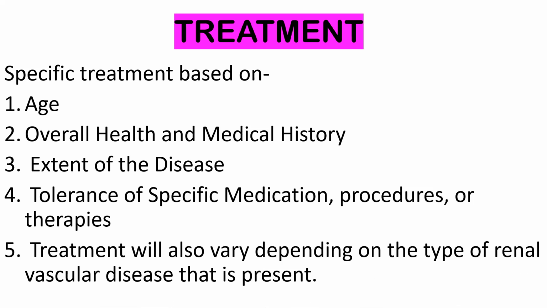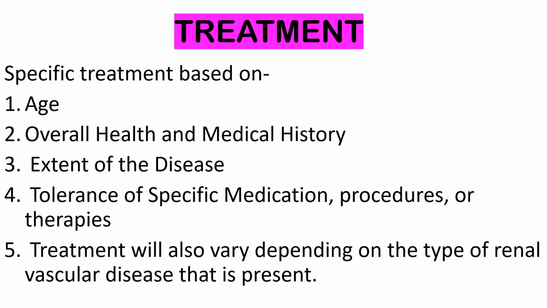And the next one is the treatment will also vary depending on the type of renal vascular disease that is present. There are 5 types of renal vascular conditions that I discussed with you all yesterday. Based on the type of renal vascular disease, the treatment will depend, because there are different types, and for each type there is a different treatment.